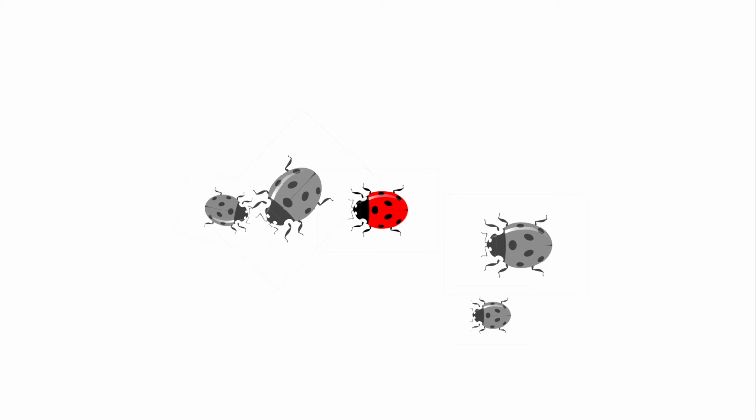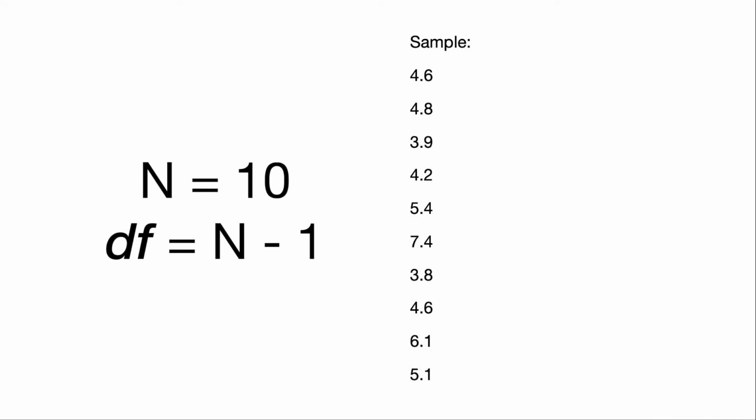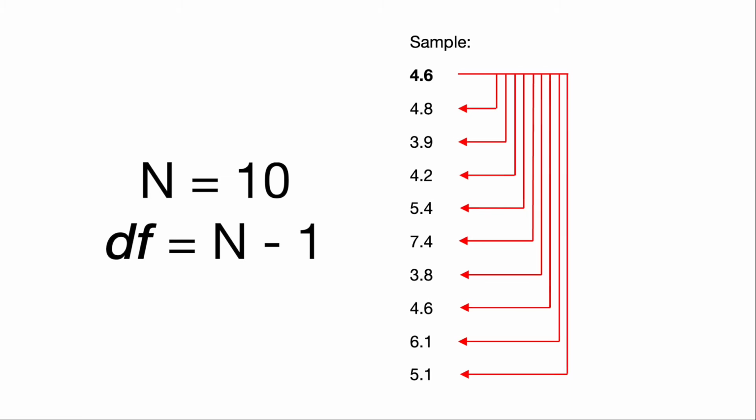The more values we add to our sample, the more freedom we obtain and the more accurately can we measure variability or variance. So for a sample of 10 values, the sample variance has 9 degrees of freedom. This means there are 9 values with which we can compare our first value.